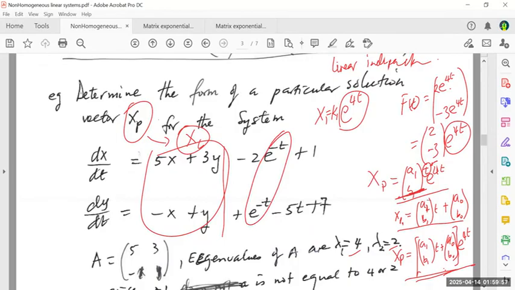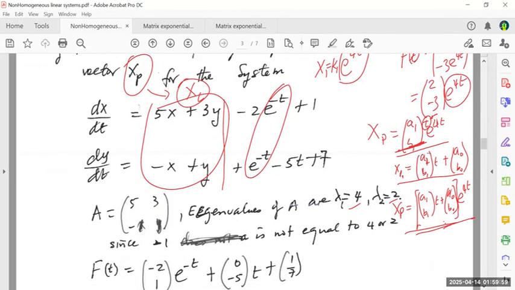In f of t, we have e to the power minus t, and yet in xc, we have e to the power 4t and e to the power 2t. So since this eigenvalue, -1, is different from 4 and 2, there is no need to worry.